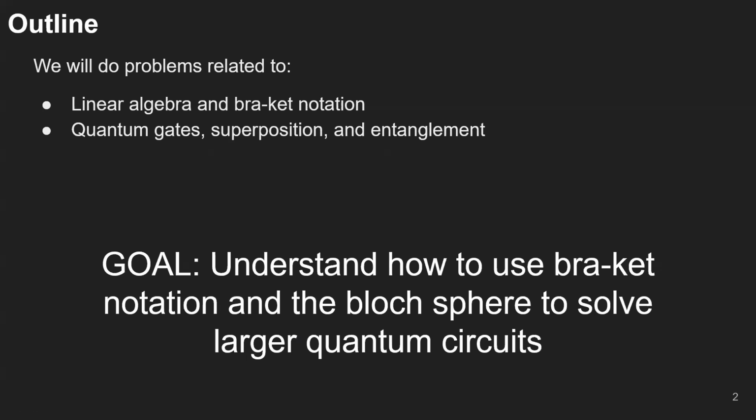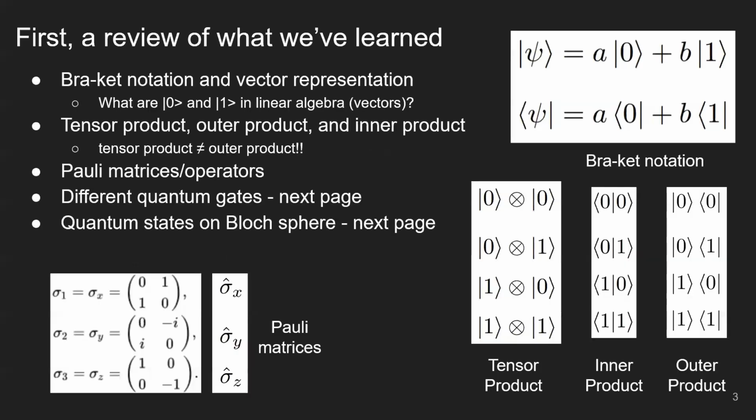We'll try to split up the expertise as much as we can, so that in each group at least someone knows a little bit what they're doing. So the goal is to understand how to use the bra-ket notation and the Bloch sphere to solve quantum circuits. They aren't that large. Any questions? We good? Okay.